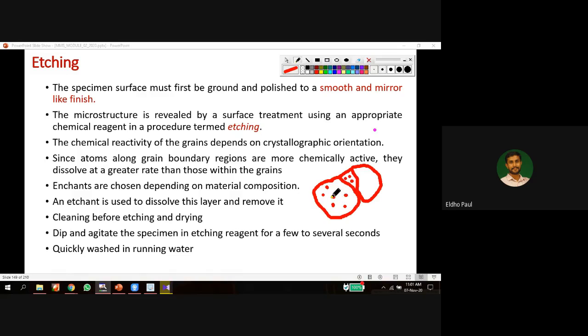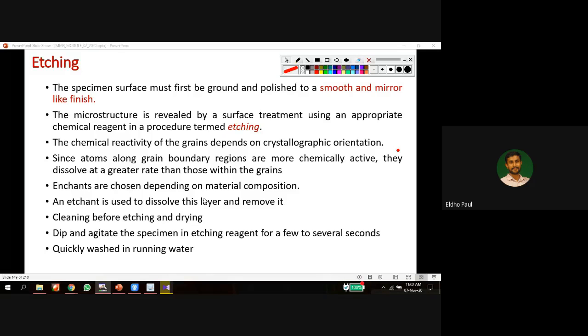So the grain boundary region reacts with the chemical agents. Since the atoms along the grain boundary are more chemically active, they dissolve at a greater rate than those within the interior of the grain.